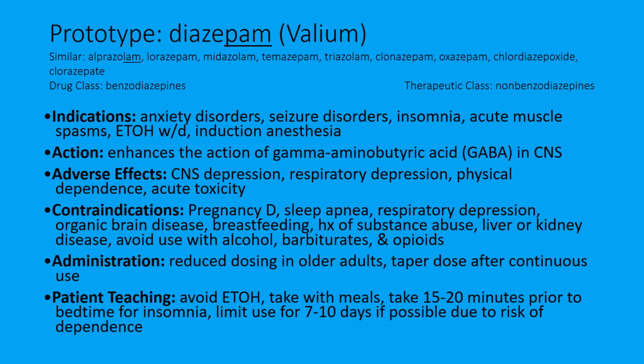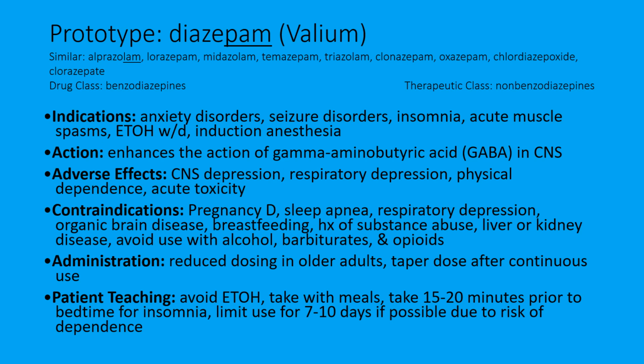Okay? So when we look at diazepam here, which is really one of many benzodiazepines, we've put this slide here just to remind you that we can use this for muscle spasms, right? It works through the GABA system, that inhibitory system of the brain, and it can lead to acute muscle relaxation. So immediate muscle relaxation.